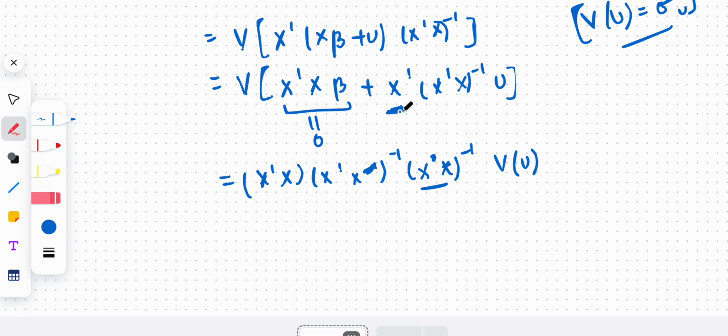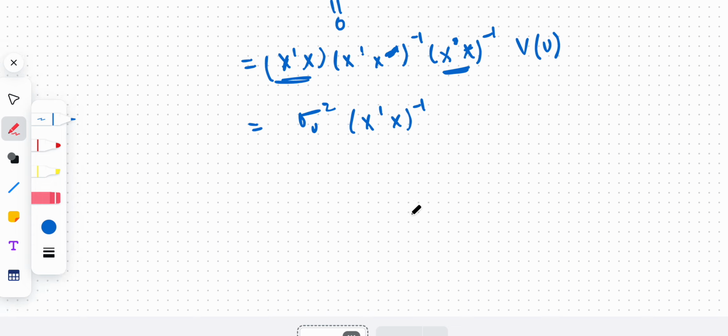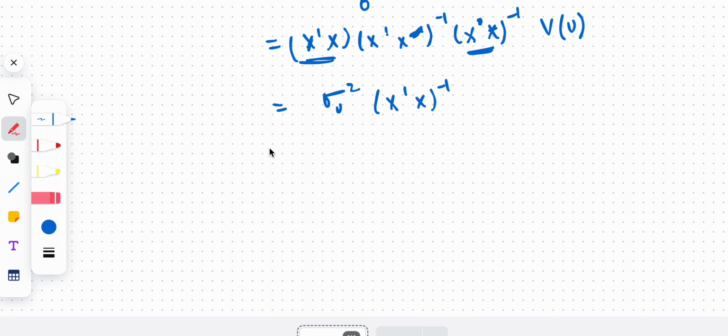So we squared this term, we squared this term. Now this one will get into 1, so we will be left with this and 1 of that. This is how it will become my variance of beta cap, right?